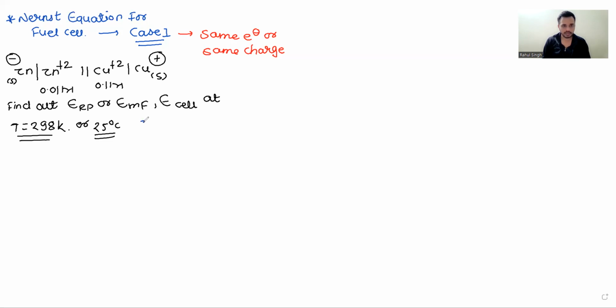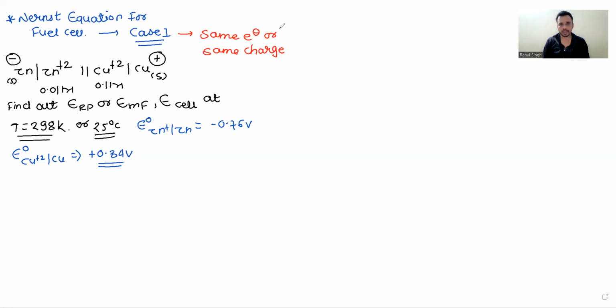One more thing that is given over here: E naught of Zn2+/Zn is minus 0.76 volt. And E naught of Cu2+/Cu is plus 0.34 volt. This part is also given.